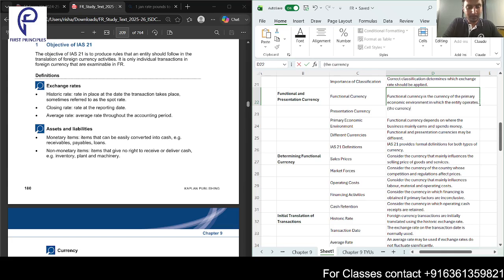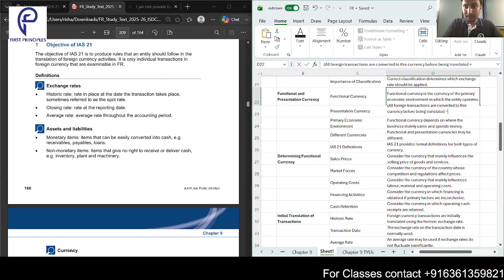The currency into which all foreign transactions are converted before being recorded in our books of account.